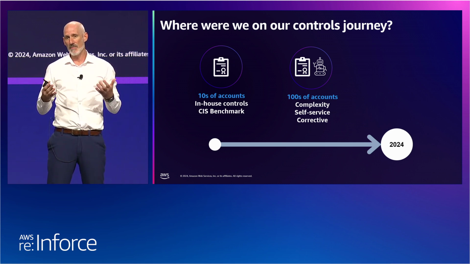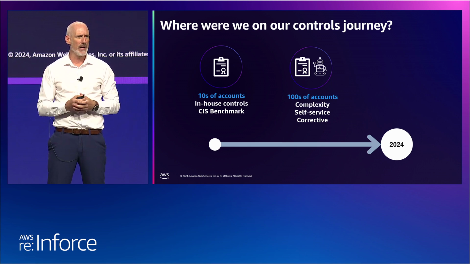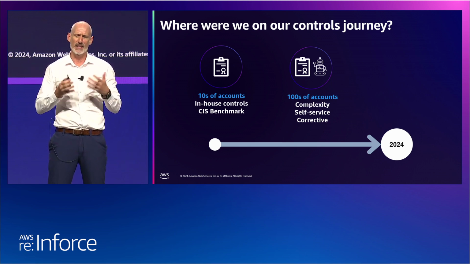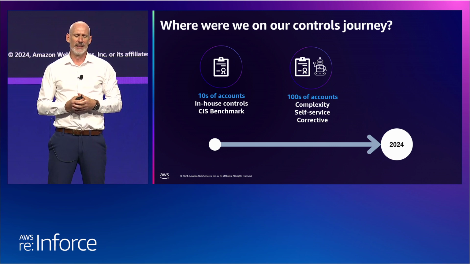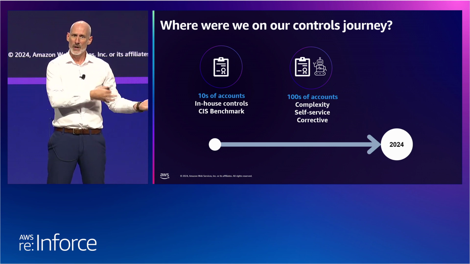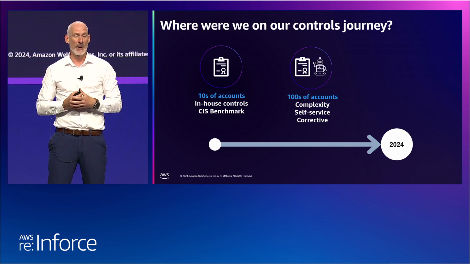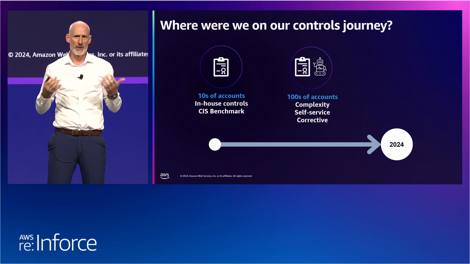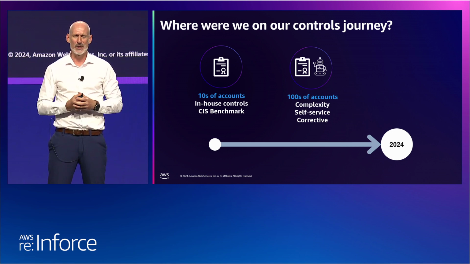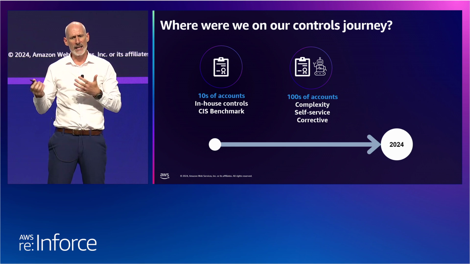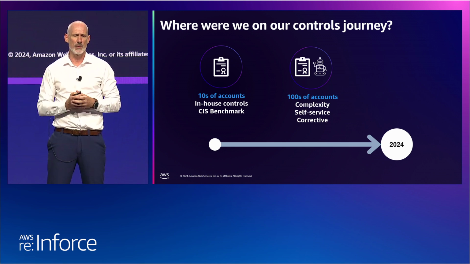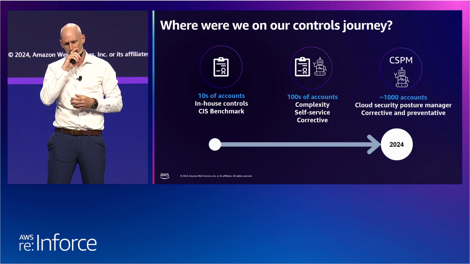But at the time, the acronym CSPM had started to become known, a Cloud Security Posture Manager. And we thought, well, that's what we're doing in the bank. And it's not something we're in the business of doing. We're in the business of building financial services. So we went again and we looked to market to see if there's anything we could onboard.